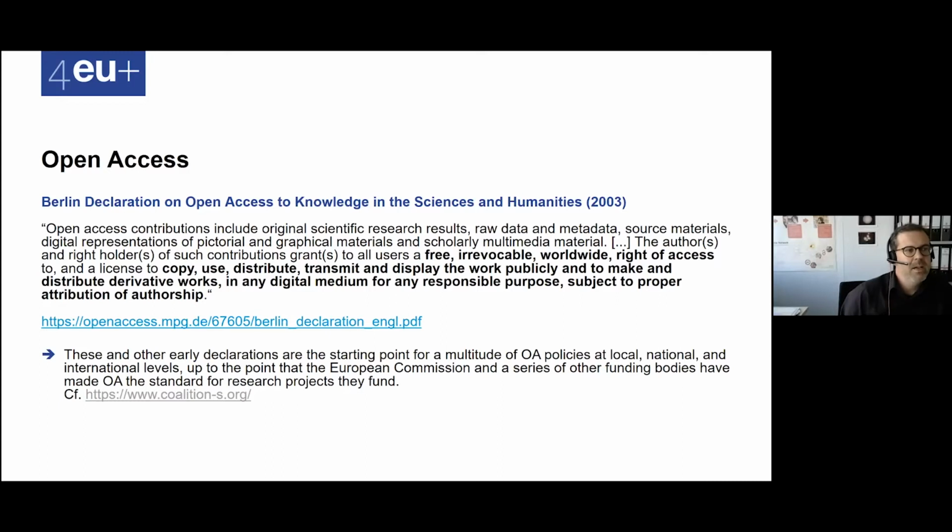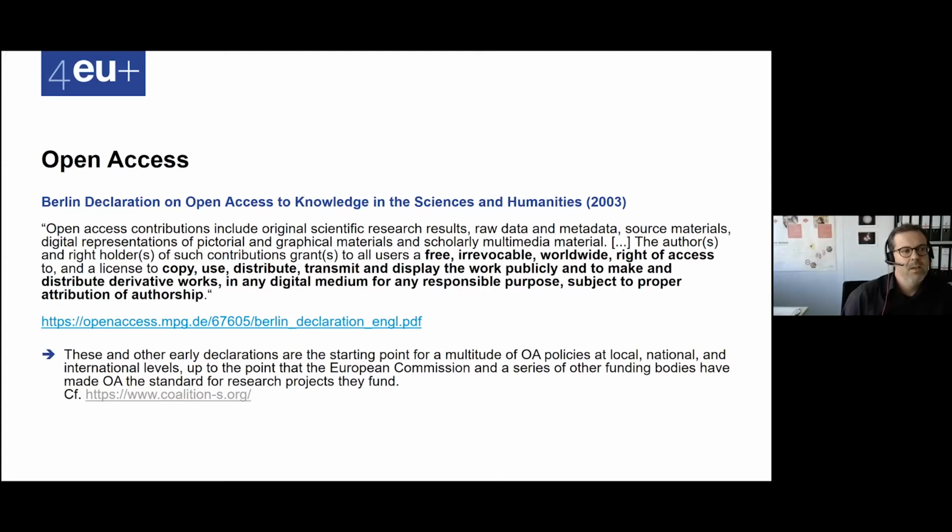From that time, you have various important declarations and definitions of open access, and I choose to point you to the Berlin Declaration on Open Access today, because it really has some important points in it related to the overall discussion on open science.